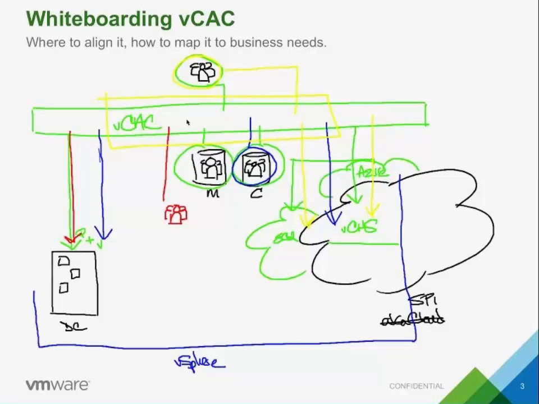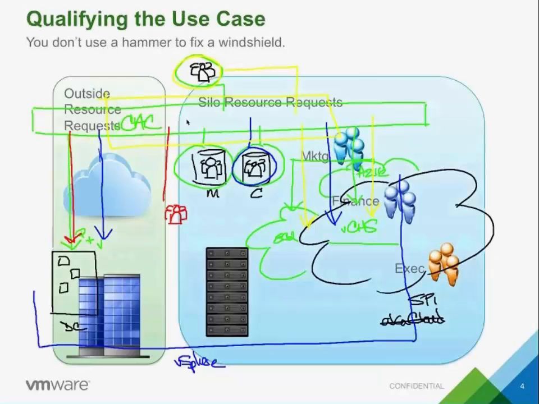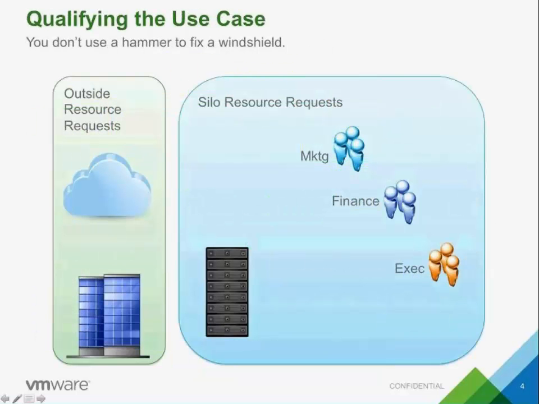So like I said, communicating cloud automation and qualifying the use case. Years ago, when I started in software development, my boss gave me a really interesting piece of advice. He said, you don't use a hammer to fix a windshield. The idea was that you have to apply the right tool, whether you talk about load testing or whatever we were doing back then.